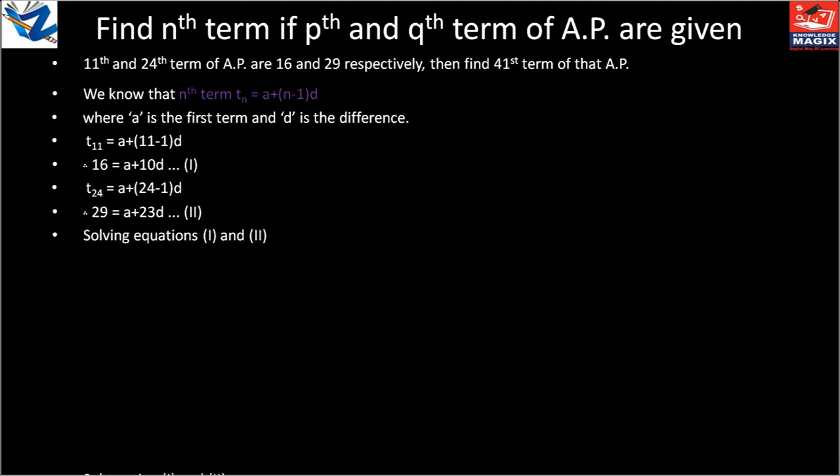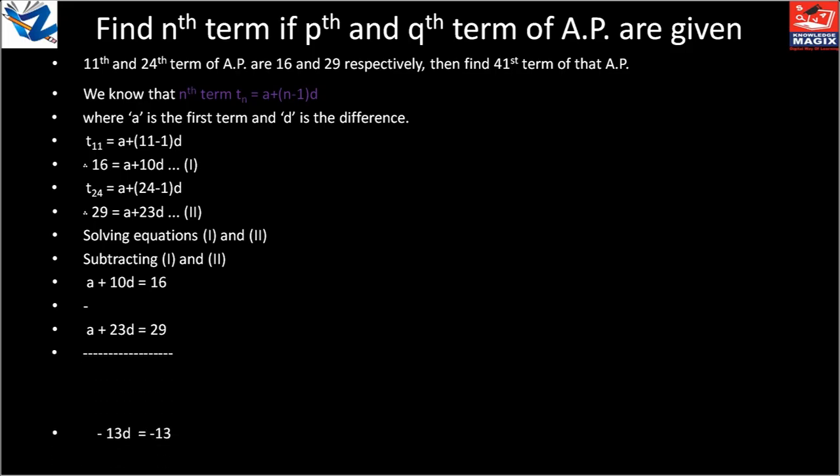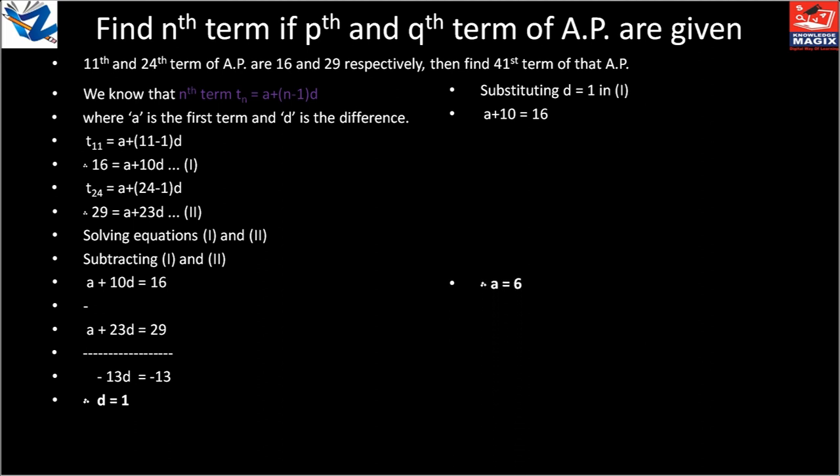Solving equations 1 and 2. Subtracting: a plus 10d is equal to 16, minus a plus 23d is equal to 29. So we get minus 13d is equal to minus 13. Therefore, d is equal to 1. Substituting d is equal to 1 in equation 1, a plus 10 is equal to 16.